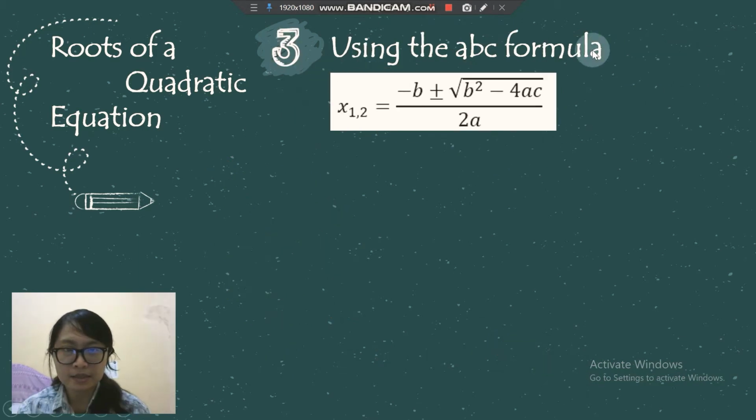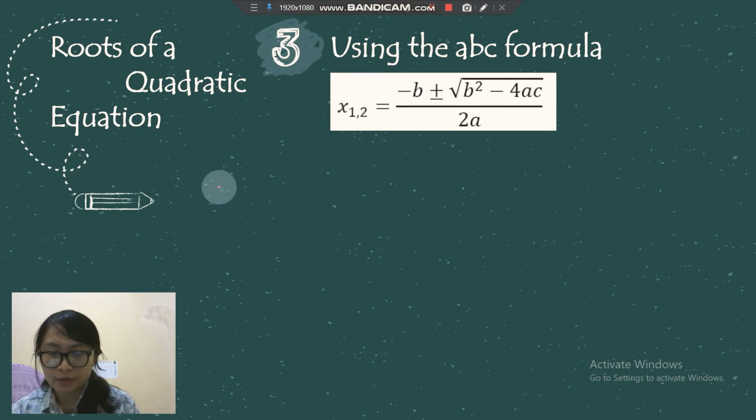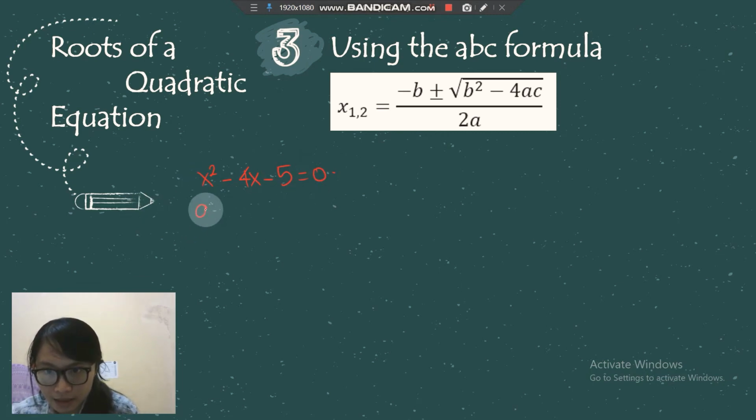This is the ABC formula. For example, find the roots of equation x squared minus 4x minus 5 equals 0. From the equation, we know that a equals 1, b equals minus 4, and c equals minus 5.